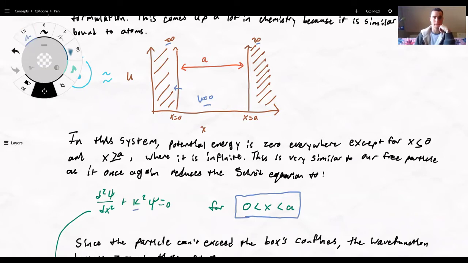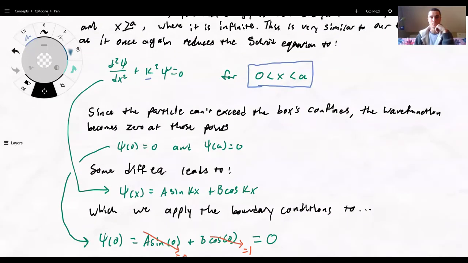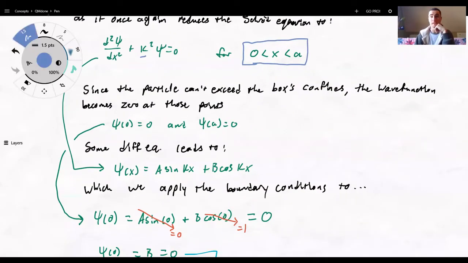So what that tells us is that the wave function becomes 0 at those points. The particle cannot be there. So since we defined the edges of our box and our boundary conditions to start at x equals 0 and x equals a, the wave function at 0 and the wave function at a both have to equal 0.